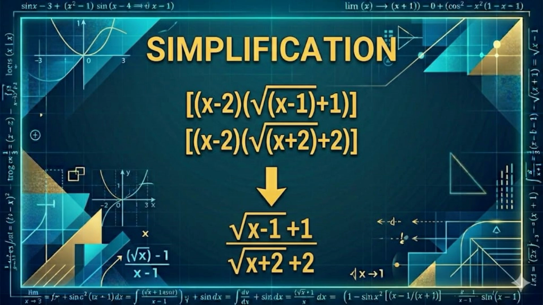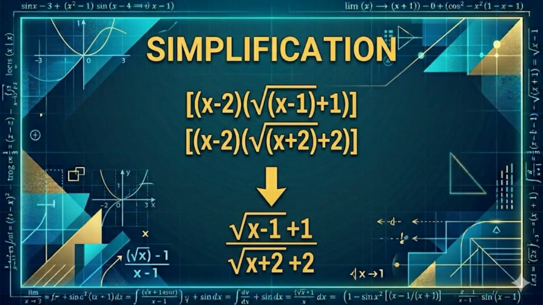Now we apply the difference of squares in the numerator. The square minus the square, we get x plus 2 minus 4, which simplifies to x minus 2. In the denominator, we get x minus 1 minus 1, which also simplifies to x minus 2.